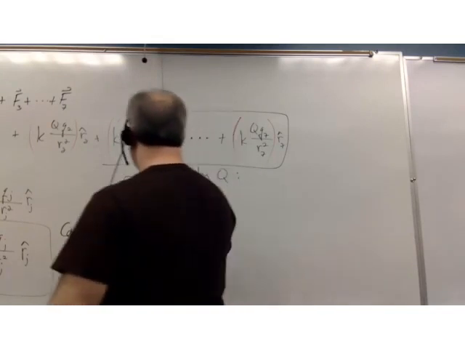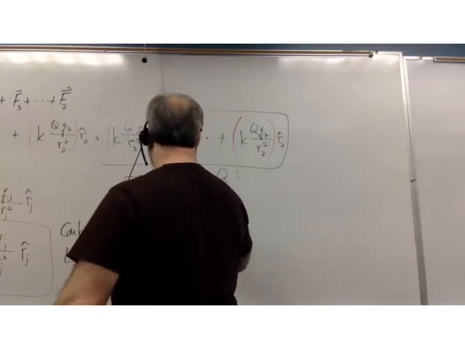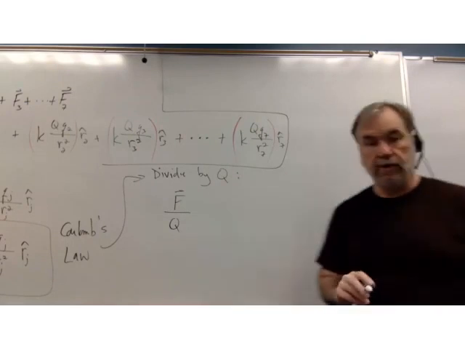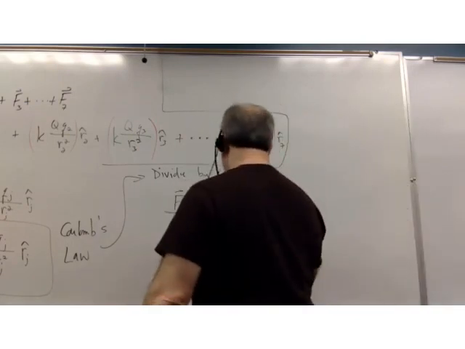So if I divide both sides by Q, I get F, which is the net electric force on capital Q, divided by Q, then simply becomes this summation.